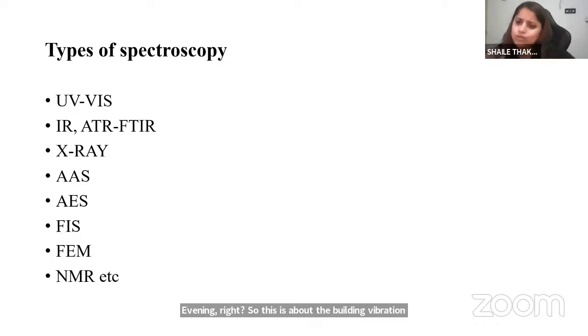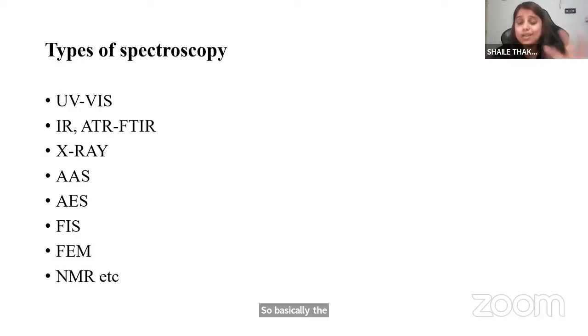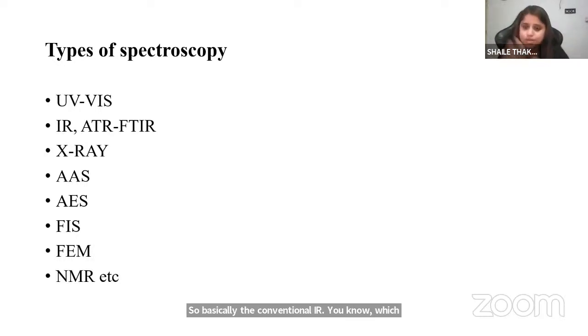So let's talk about the conventional IR a little, so that we can understand the value of FTIR and ATR. Basically, in conventional IR we need to prepare the sample, we need to go for sample preparation, pellet preparation, right?